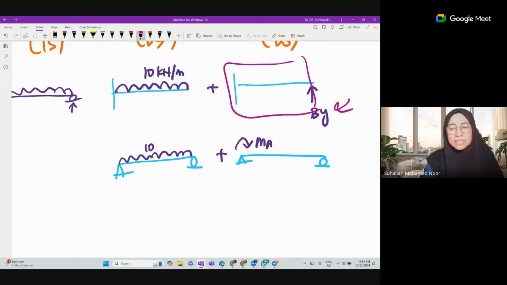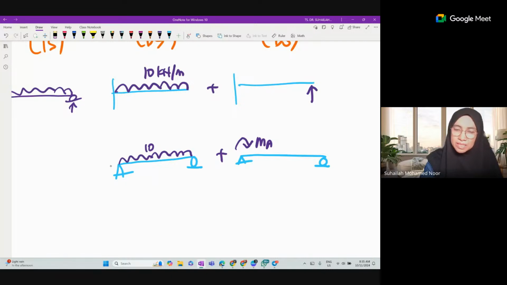We cannot analyze this because BY is unknown, so we cannot analyze the reaction, the internal forces, and the displacement. So what should we do? We will change this BY to 1 times BY.